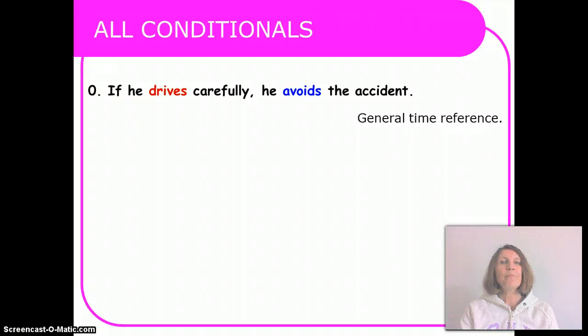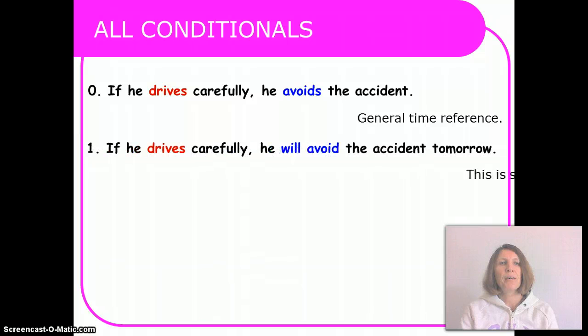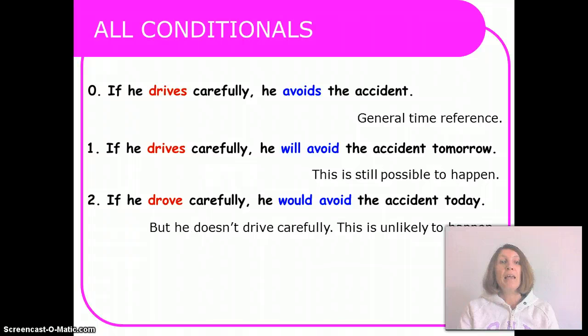Now, let's review. If he drives carefully, he avoids the accident. That's in general, right? That's the zero conditional. If he drives carefully, he will avoid the accident tomorrow. So he has to continue driving carefully in order for this to happen. This is the first conditional. If he drove carefully, he would avoid the accident today.